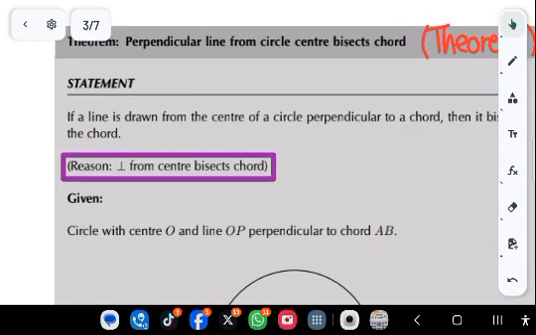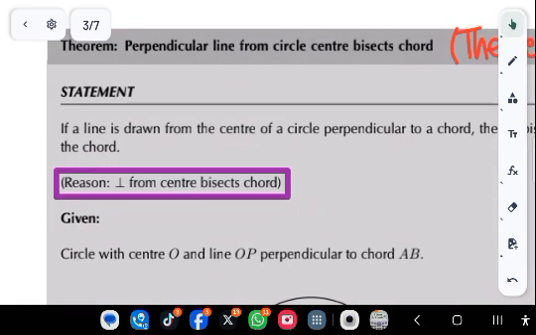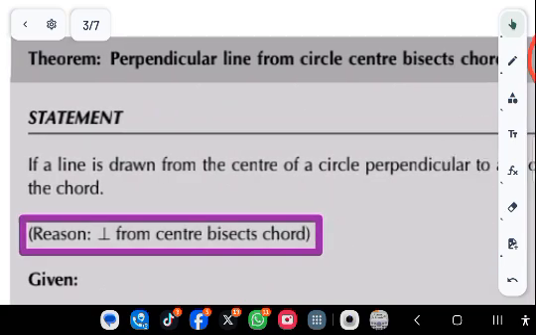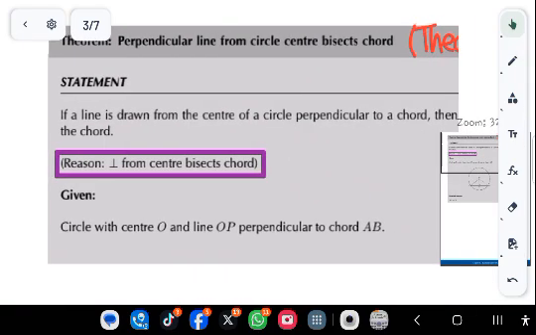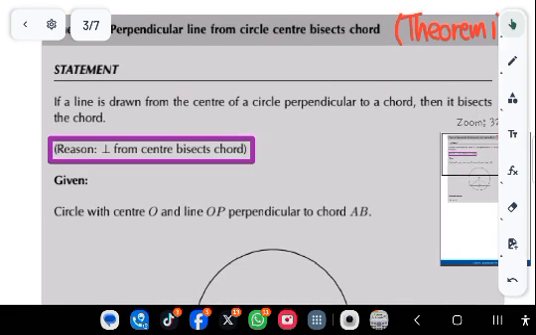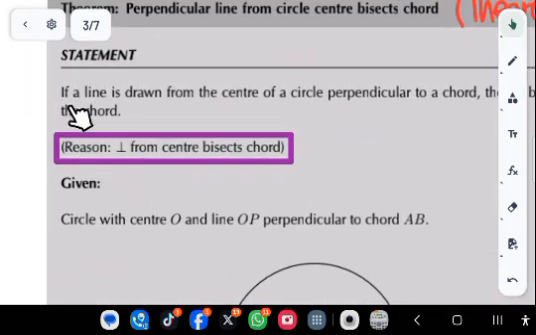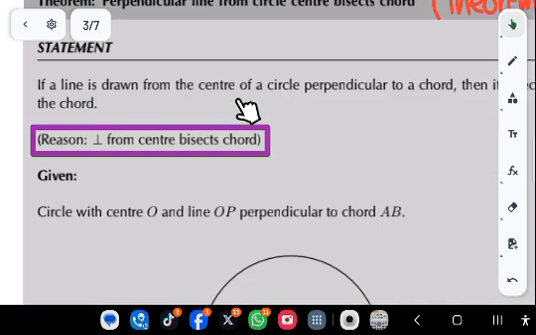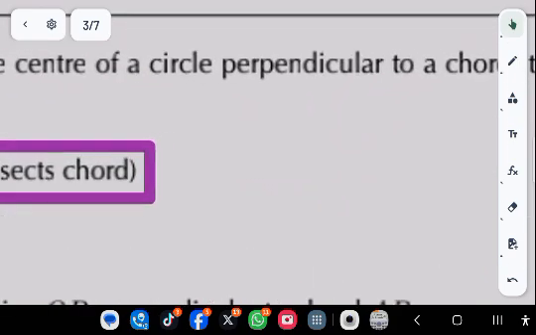Let's take those steps and use them to prove this theorem so you can see exactly how to apply each step, every step of the way. Now here is the name of the theorem. It says perpendicular line from circle center bisects chord. Now here is the statement. The statement says if a line is drawn from the center of a circle perpendicular to a chord, this is a word that you might need to explain further, so let's underline it.